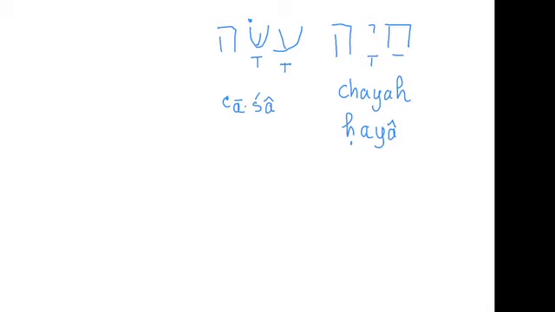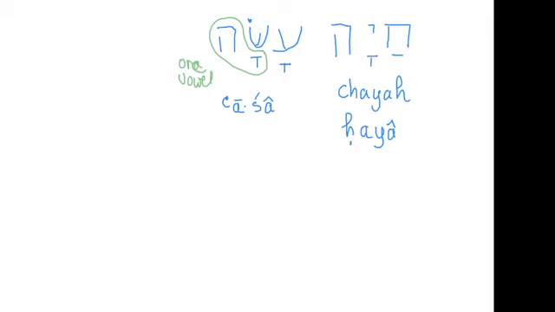So it's ayin, a kametz, a sin, and a kametz hey. The hey is not transliterated because in this case it's a vowel. It's a combination of the hey and the kametz. So this is one vowel, the kametz hey.